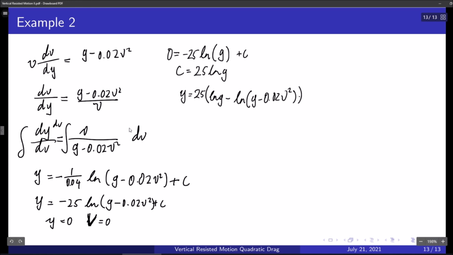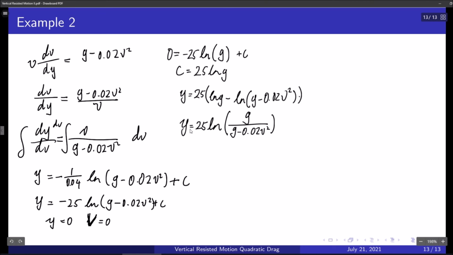So y equals 25 log g over g minus 0.02 v squared. Okay, so how does this help us? Well, this is the expression for the displacement in terms of velocity.